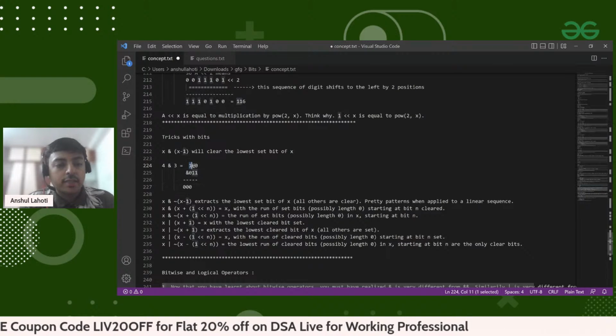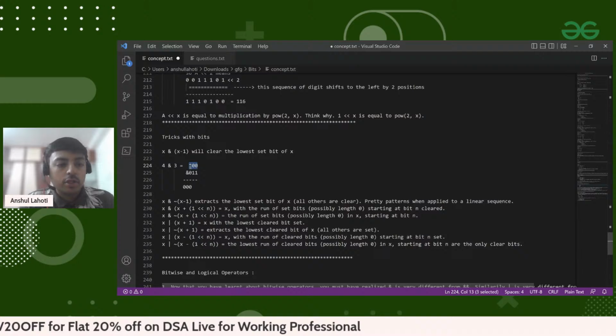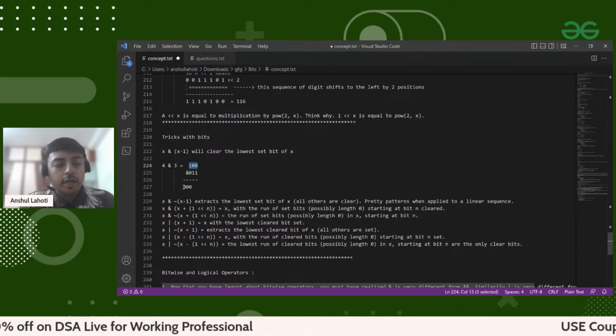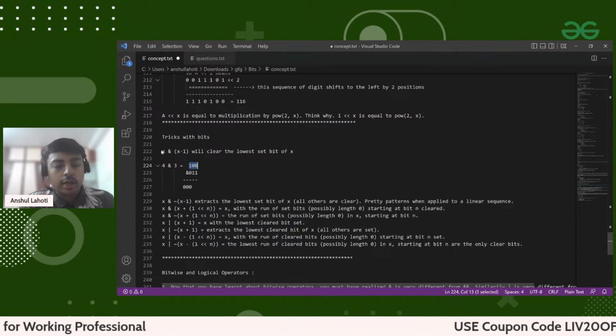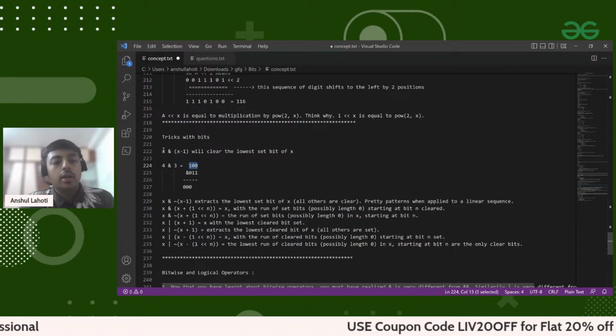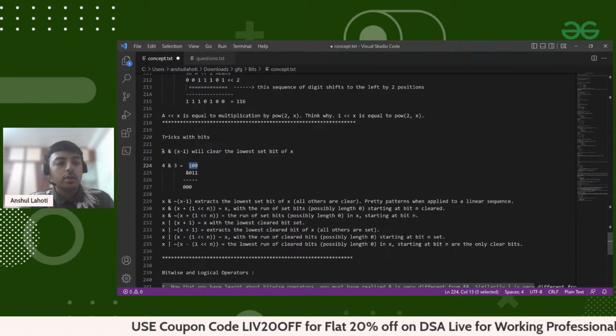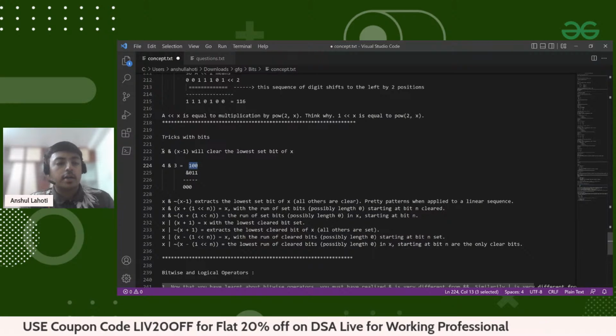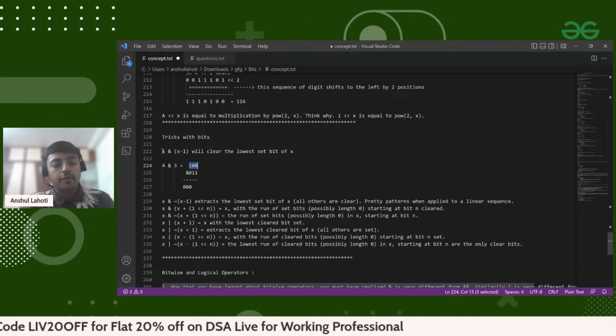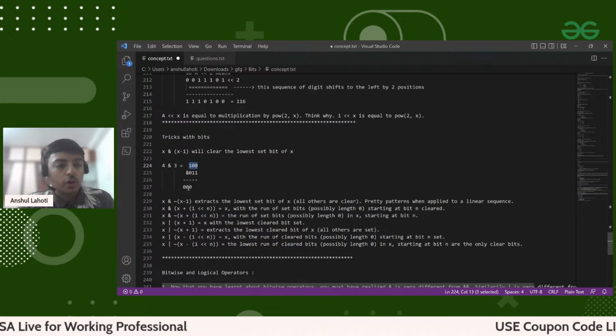If someone asks you how to clear the lowest set bit of x, you just take the AND of that number with the number one less than it. So you will get the same here.